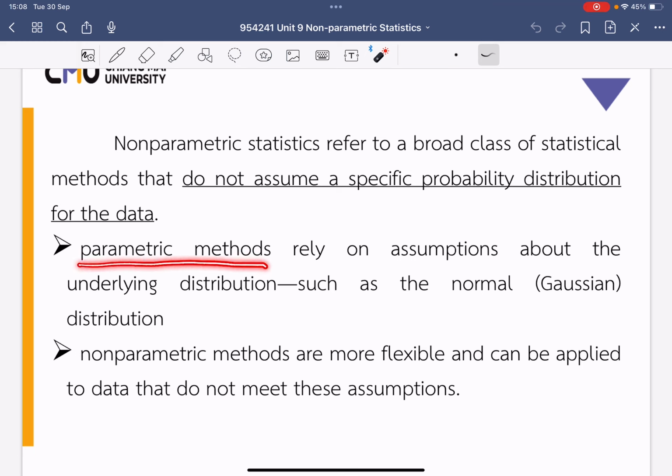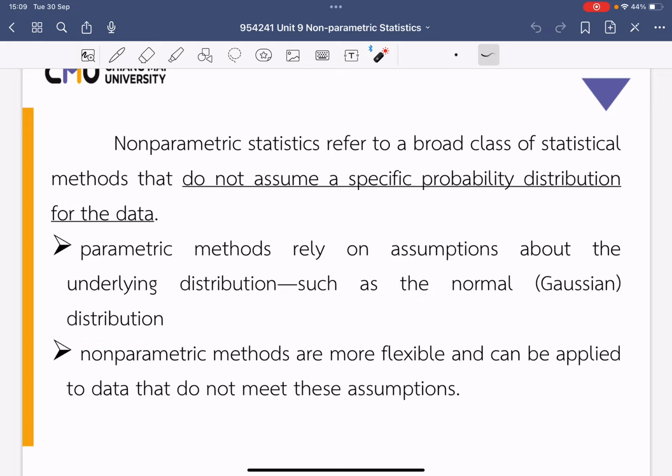As I said, parametric methods in hypothesis testing in chapter 5 rely on assumptions, for example, we need a normal distribution for the data, so that we can pick the test in case 1, case 2, case 3 that we did before. But nonparametric methods are more flexible and can be applied to data that don't need the assumption of a normal distribution.